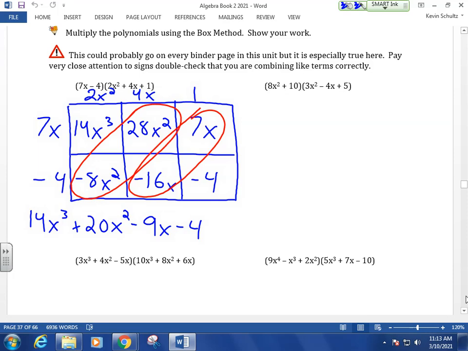Questions on that process at all? Now that you've seen all three methods, where are my FOIL fans? Ooh, nobody. Good thing Old Man FOIL isn't here to hear that. Where's my crab claw crew? Few of you. For binomials, any FOIL fans?